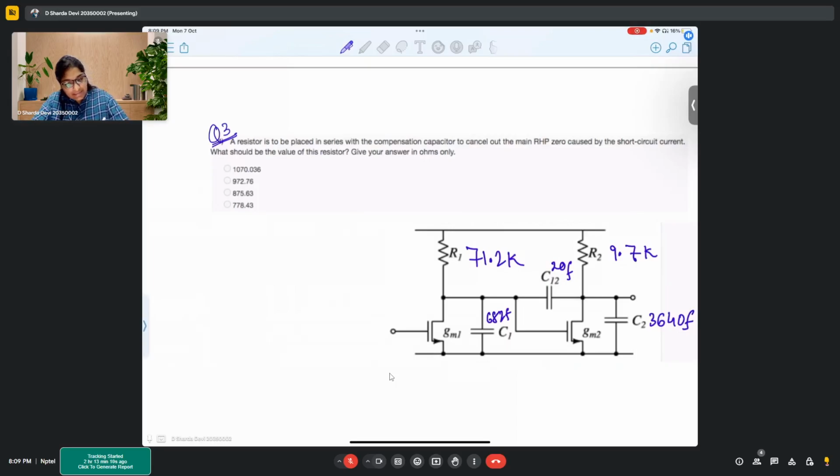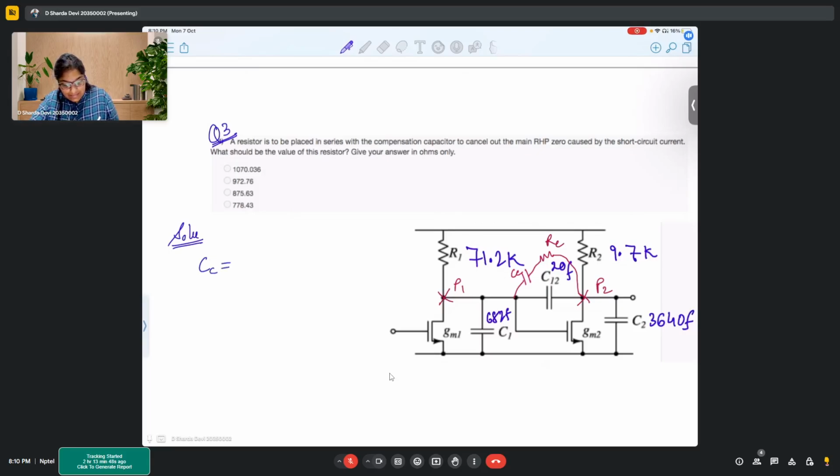Okay, so here the idea is to place a compensation capacitor and resistor along with it. So this is RC, this is CC. So we have to find the value of RC, where here we get pole 1, at this point we get pole 2, such that the right hand side zero is cancelled out.